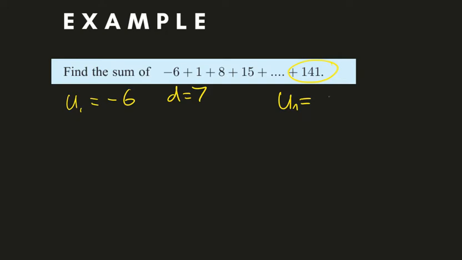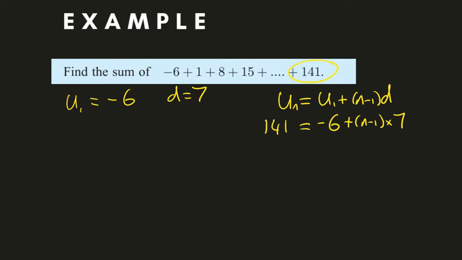So why don't we use the sequence formula? un equals u1 plus (n minus 1)d to help us. We know the answer to this is 141. That is the nth term. We know u1 is minus 6. And we know that d is 7. So we've set up ourselves an equation. We can use this to work out the number of terms n.